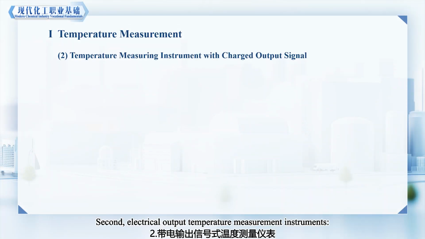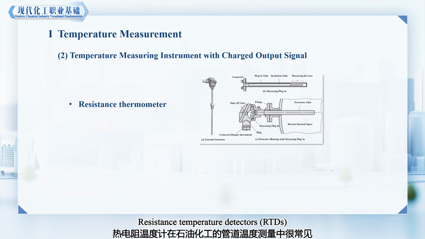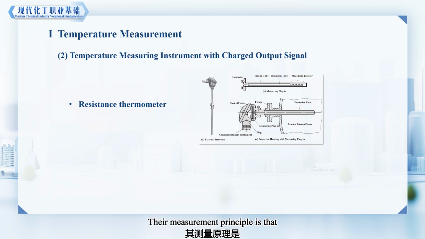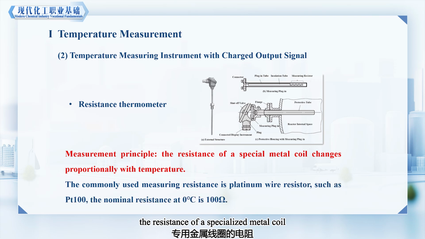Second, electrical output temperature measurement instruments. Resistance temperature detectors, RTDs, are common in measuring the temperature of pipelines in the petrochemical industry. Their measurement principle is that the resistance of a specialized metal coil changes proportionally with temperature.